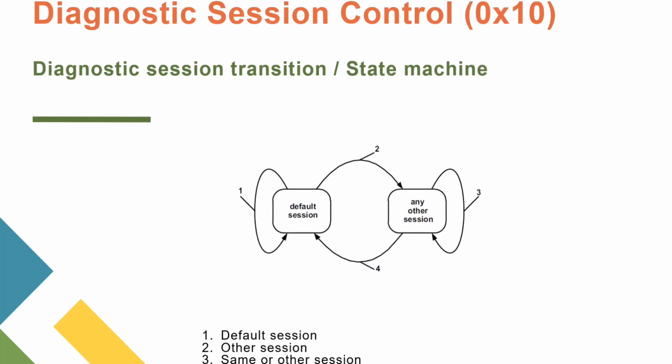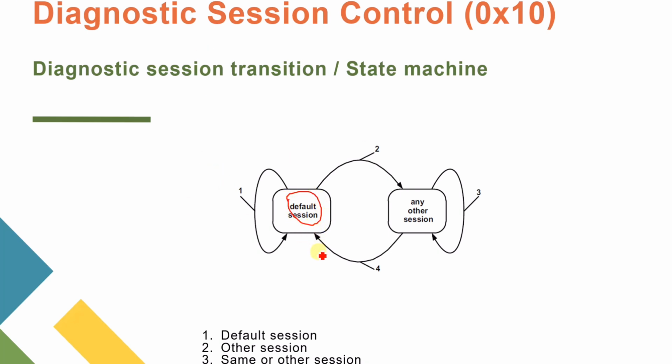Now, diagnostic session transition, which we can also call the state machine. As we discussed already, we have sessions. One is the default session, which is the very normal session.